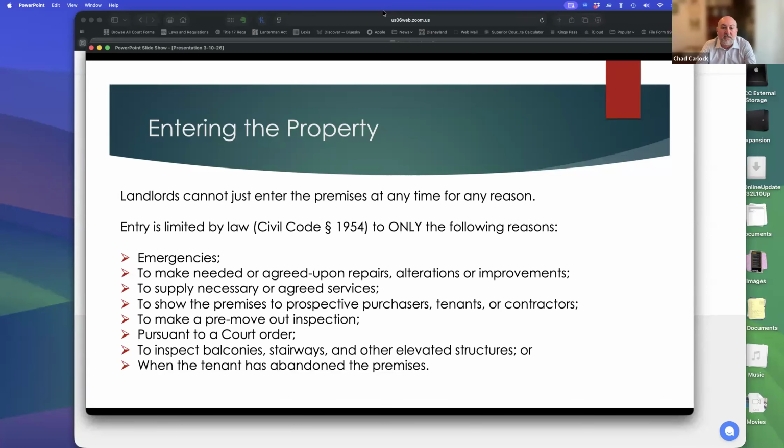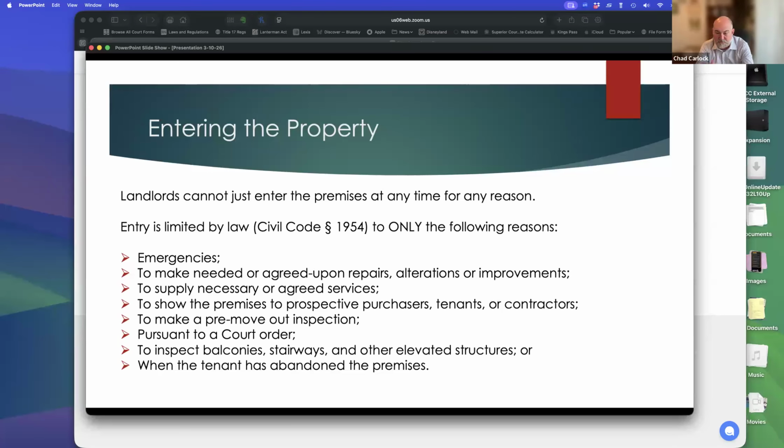The civil code specifically has a list, and it's an exhaustive list, so it's not "including" these things, but these are the only permitted reasons under the law to enter a tenant's property during the term of the lease. If there's an emergency, obviously. If you are entering to make needed or agreed upon repairs, alterations, or improvements.